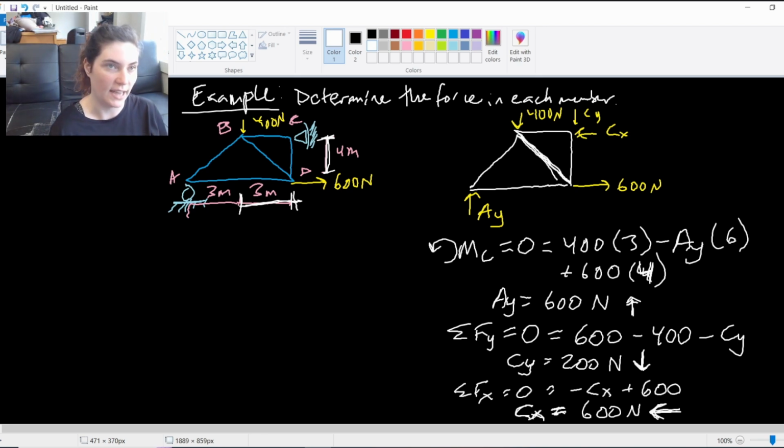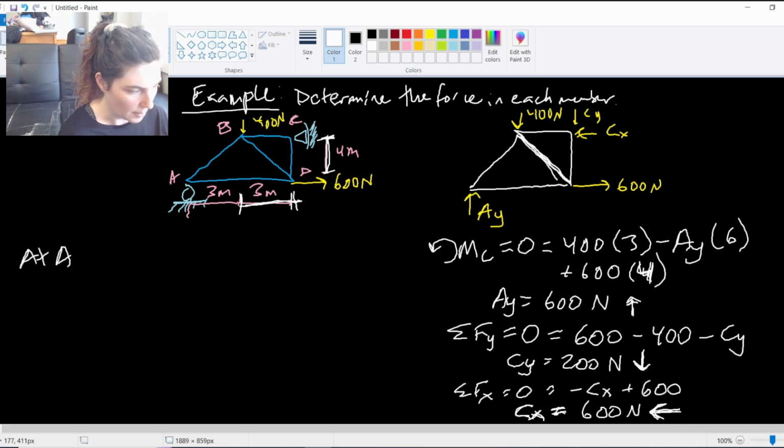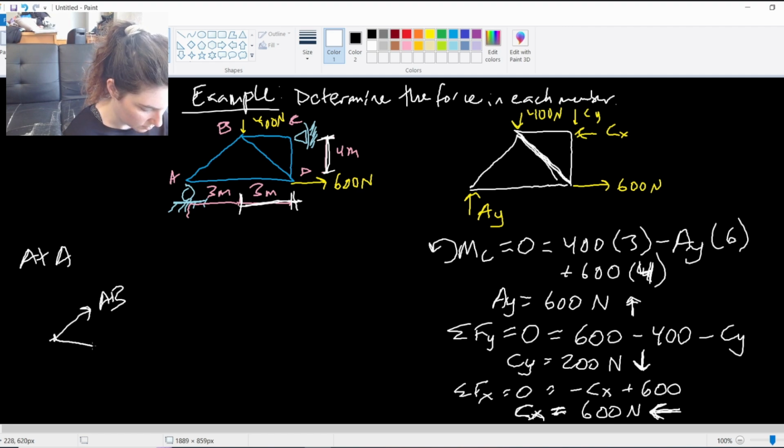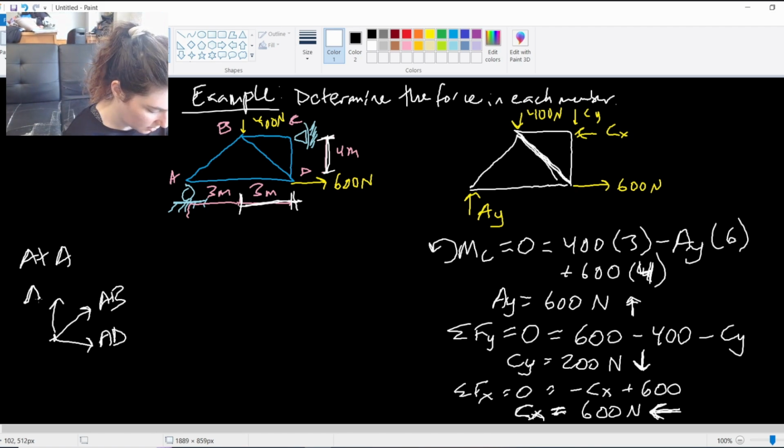So I would start at point A. At my point A, I know I have member AB, the tension force from member AB. I have tension force in AD, and then I have AY, that reaction force AY, which we said was 600 newtons pointing upwards.